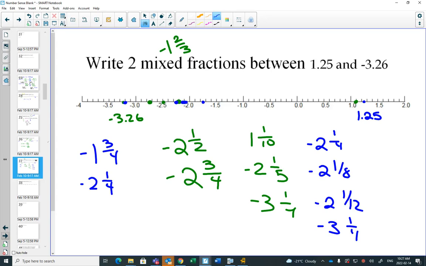Bigger or smaller? Bigger. Okay, 1 and 3/10 is just barely over, but you can 1 and 2/10. Okay, yes, that's right there. Going bigger or smaller?